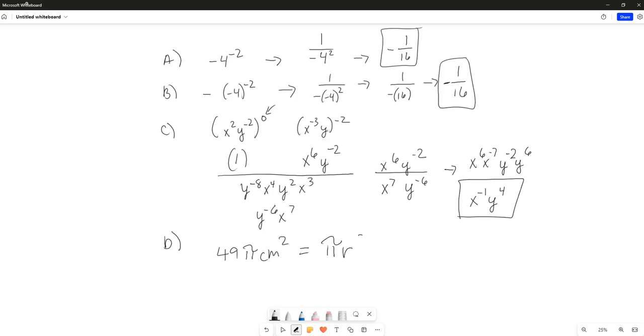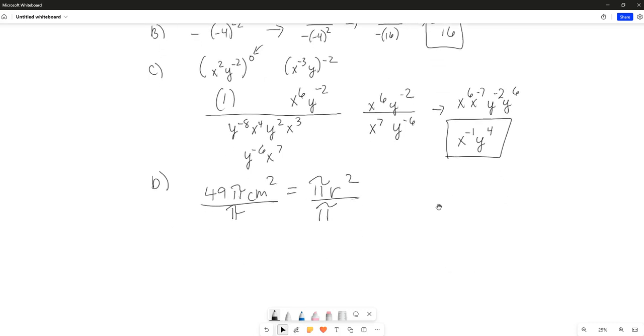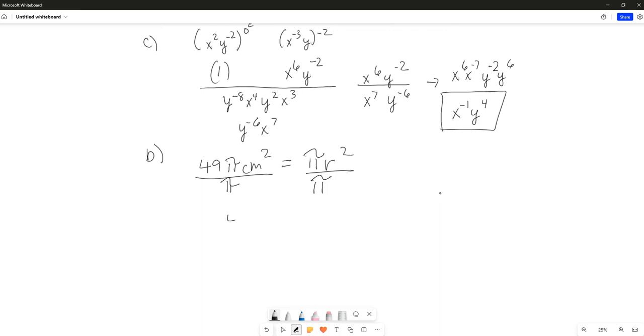Pi radius squared. So 49. So that cancels. Squared, so square root of both sides.